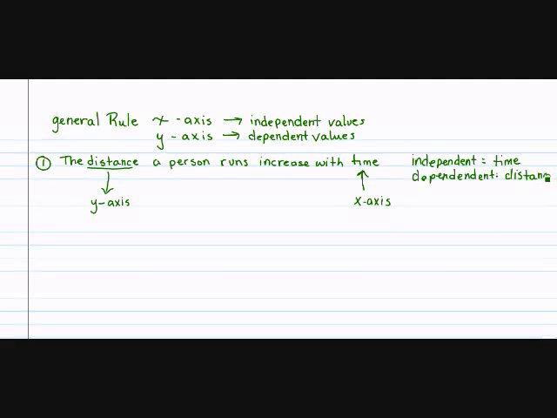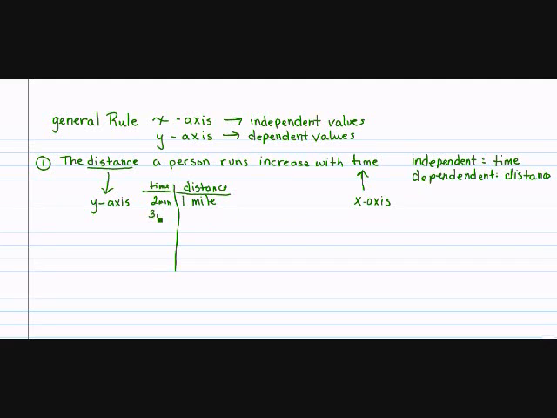And let's kind of make some sense of that. If I run 1 mile, which will be your distance, let's just say it takes you 2 minutes to run 1 mile.